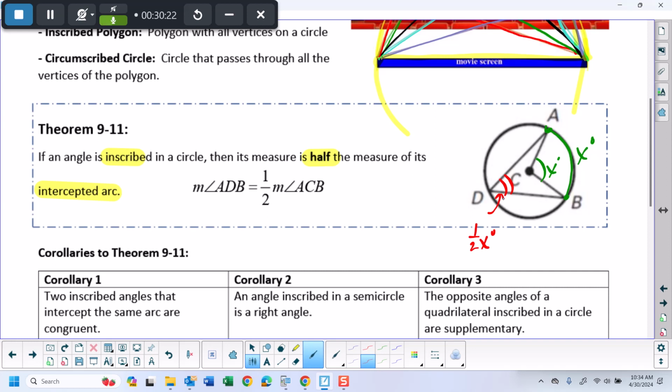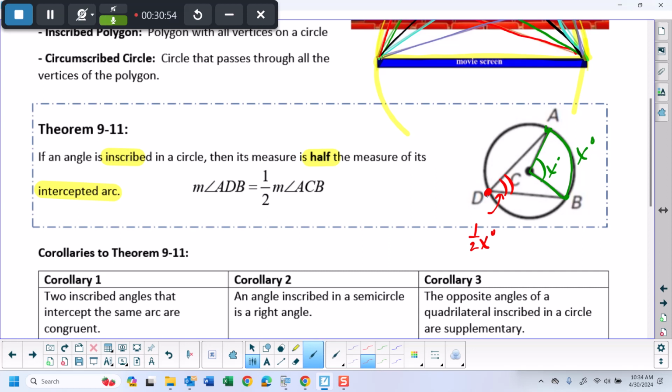So I want you to think of a slingshot or a bow and arrow. Think about when you pull something back, that angle gets skinnier and skinnier. So when I have this angle with its vertex on the center of the circle, and I pull it back and set its vertex on the circle, that angle measure is going to be 1/2.